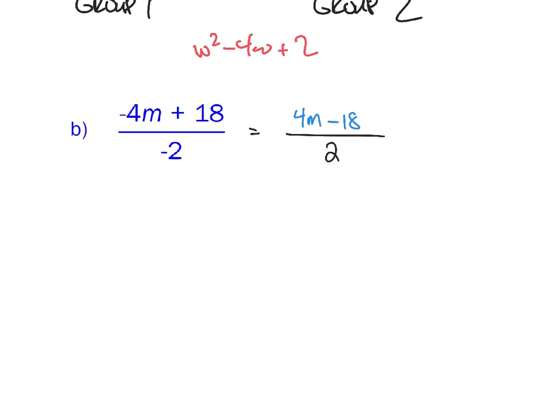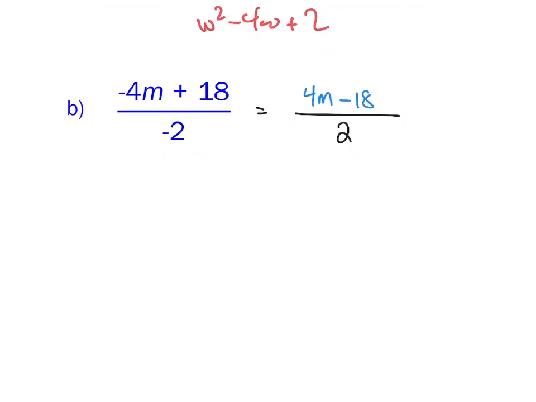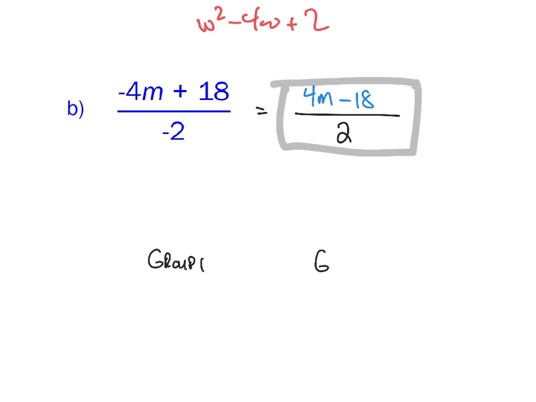And now we are going to divide that into two equal groups. So group 1 and group 2. So for 4m, that's going to be 1, 2, 3, 4 shaded rectangles.